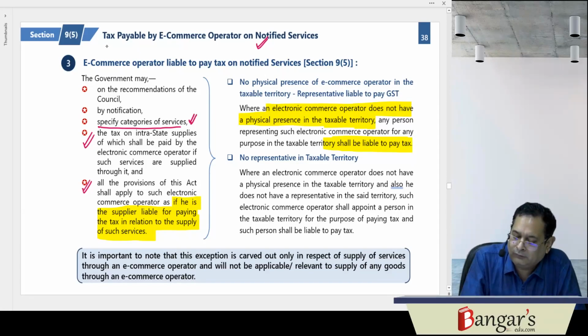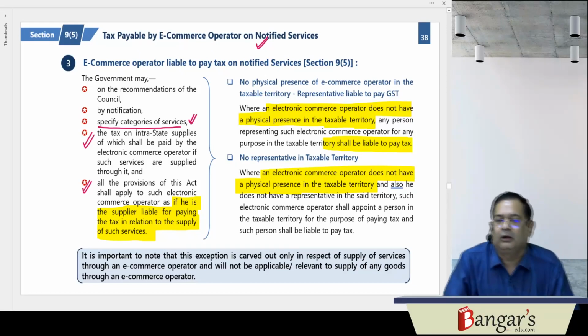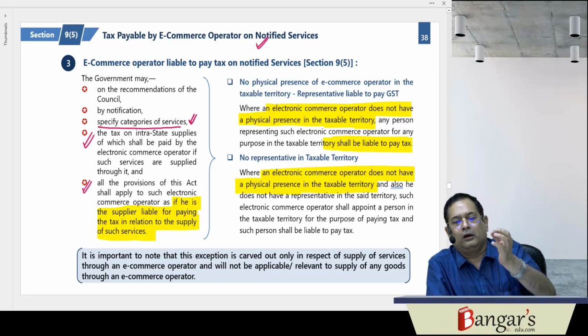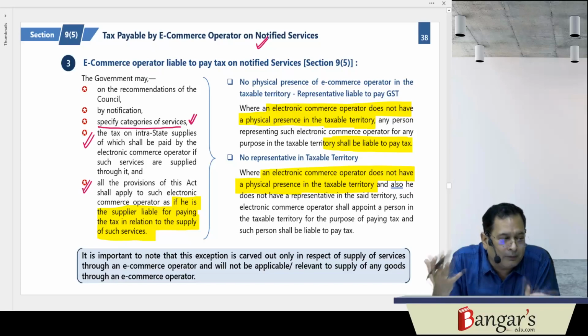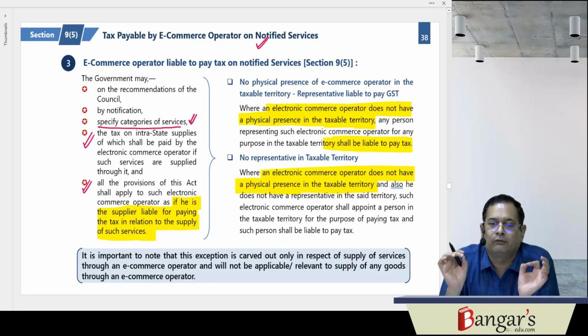Then in case an e-commerce operator does not have a physical presence in the taxable territory, and does not have any representative also in the taxable territory.